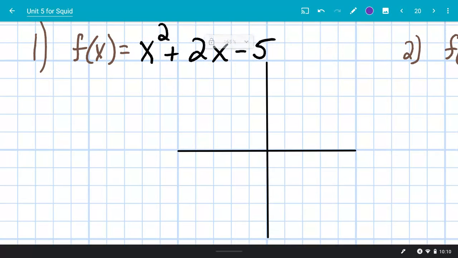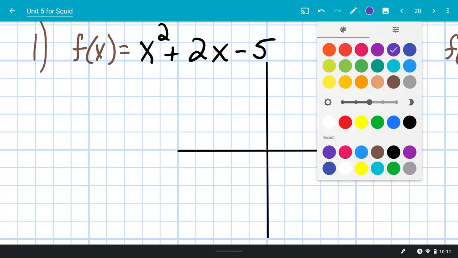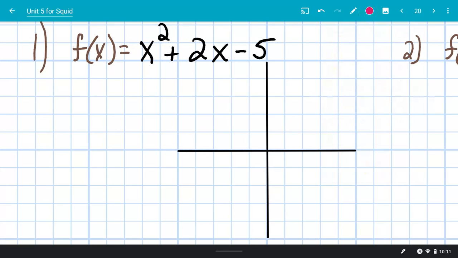All right. F of x equals x squared plus 2x minus 5. Obviously, there's junk in the trunk or there's a linear term. Quickly, what is the formula I've got to use if there's junk in the trunk? X equals negative b over 2a. Good? All right, so in this case, this is my b, this is my a, of course that's my c.